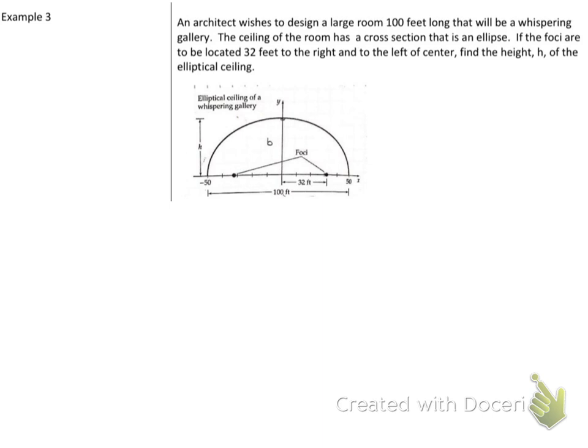All right, well, let's see. I would start identifying stuff that I know based off of the picture. So it looks like my center is at (0, 0). I also know that my vertices are going to be at positive 50 and negative 50.